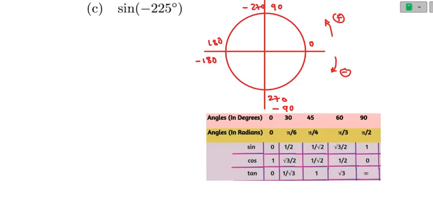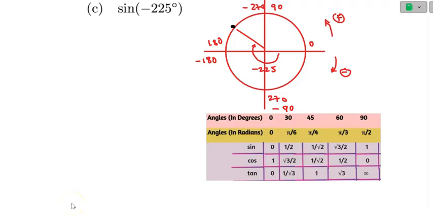Since minus 225 is between minus 180 and minus 270, your location is somewhere here, and this is the angle minus 225.